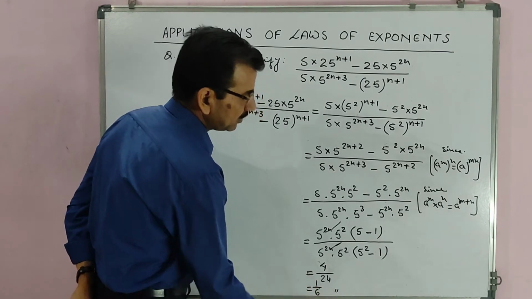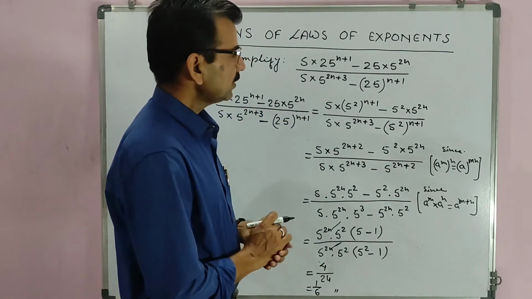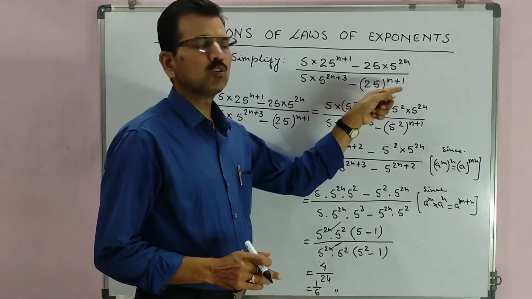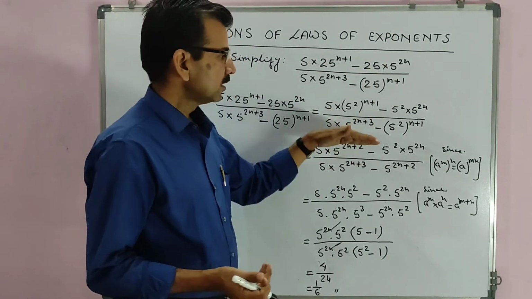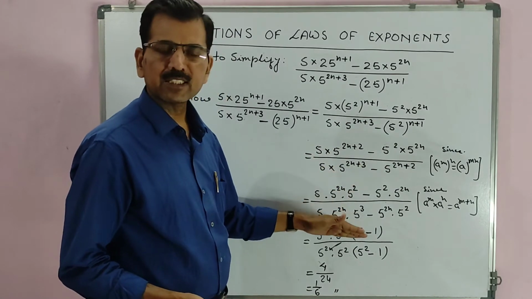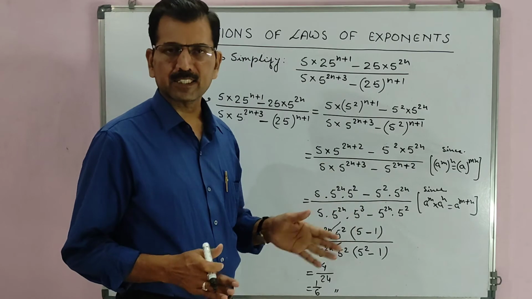And this gives our final answer. Okay, clear to you? So again, you see that if we go through the question, it looks very difficult, but when we apply the laws, it becomes easier and easiest form we are getting here 1 by 6.